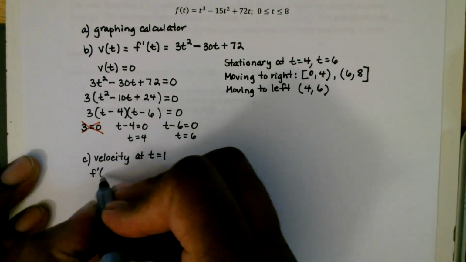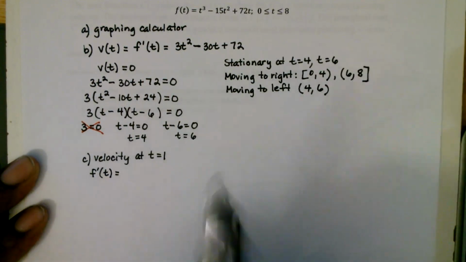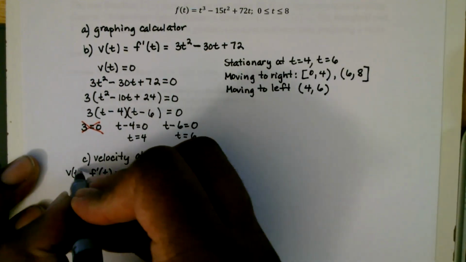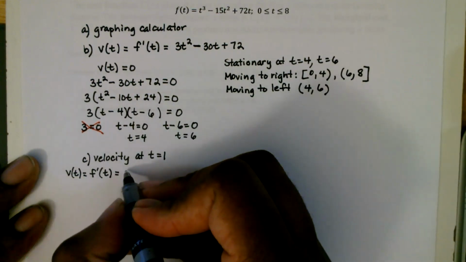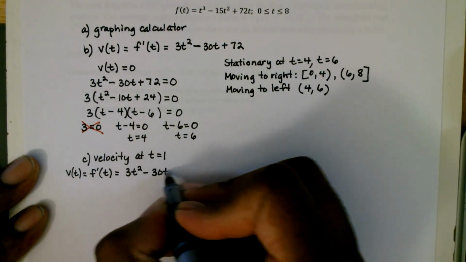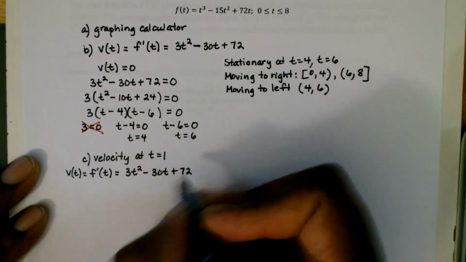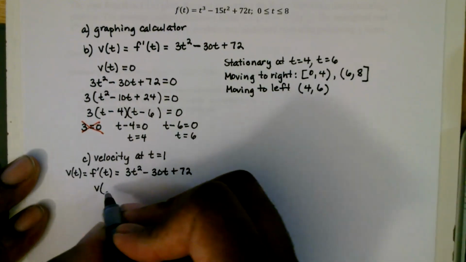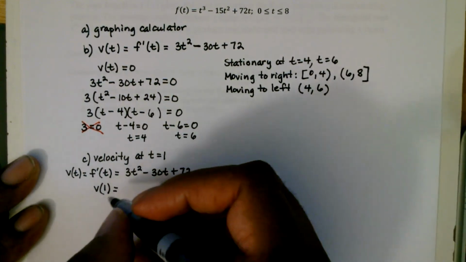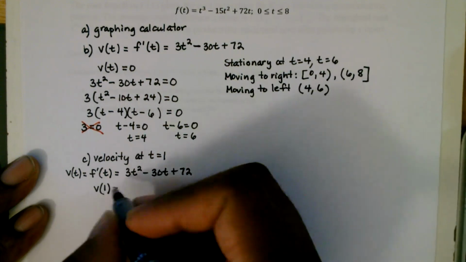I'm going to write down what that velocity function was, which was f prime of t, and that was 3t squared minus 30t plus 72. So the velocity at t equaling 1, we just simply substitute our t with 1.